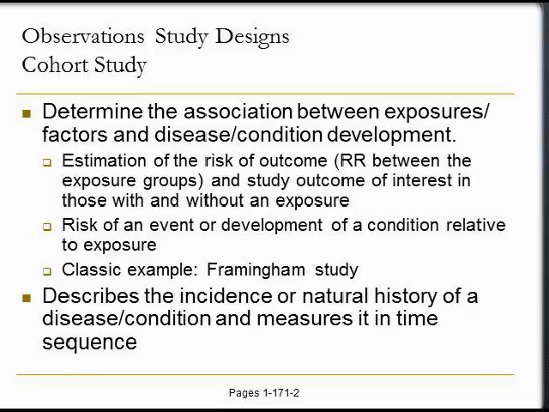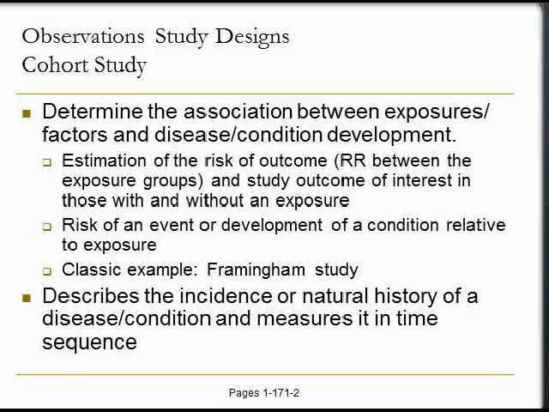So let's switch gears from a case control to the next kind of notch in terms of observational study designs and look at a cohort study. Cohort studies determine the association between exposures or factors and disease development.